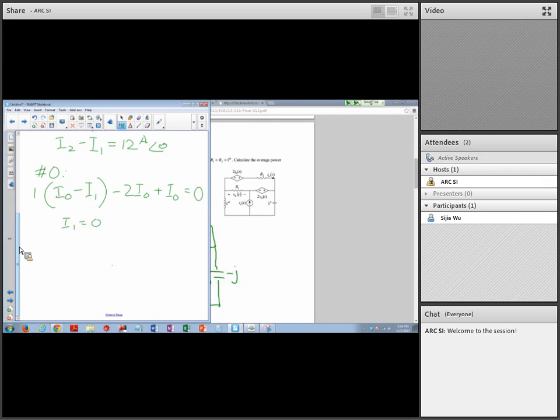Oh, there's 2 here. V0 equals I2 minus I1 minus I0 times 1.